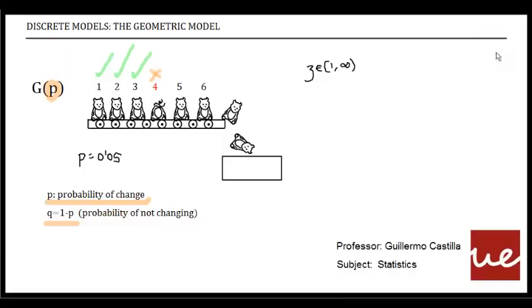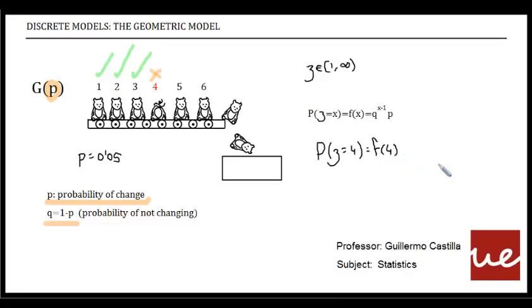What the model itself really does is establish the probability of having a certain event that happens time and time again. We know what the probability of changing that event is. In this case it would be 5%, and what it gives us is the probability of that change taking place after inspecting x elements.